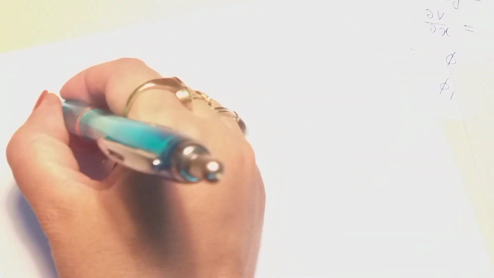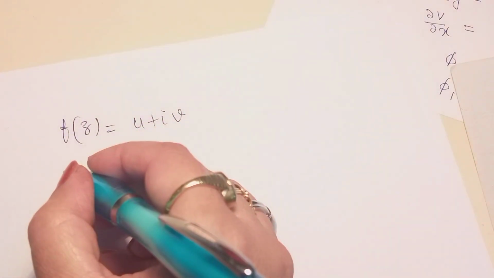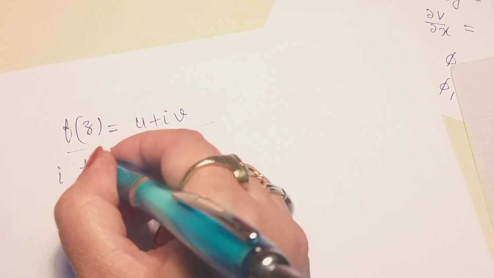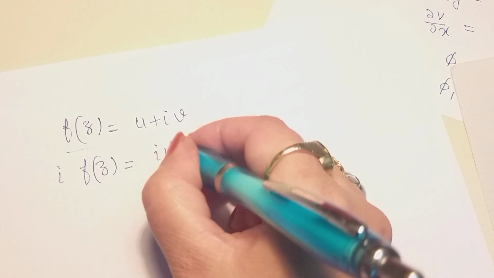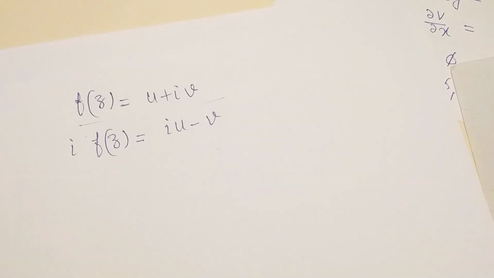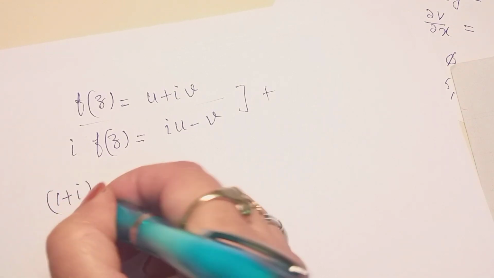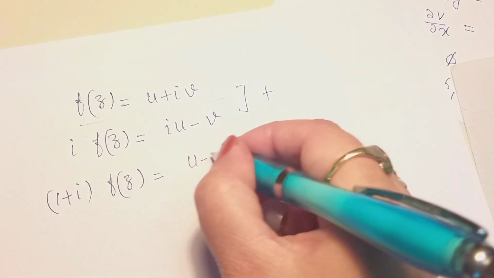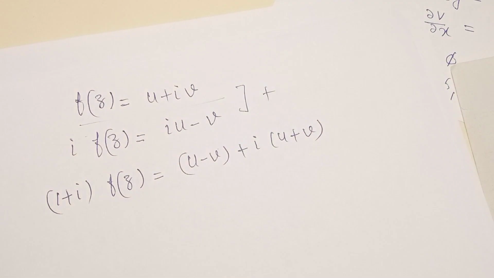We know that f(z) is equal to u plus iota v. Okay, if we multiply this whole equation by iota, then we get iota f(z) is equal to iota u minus v. Now we add these two, we'll get 1 plus iota f(z) is equal to u minus v plus iota (u plus v).